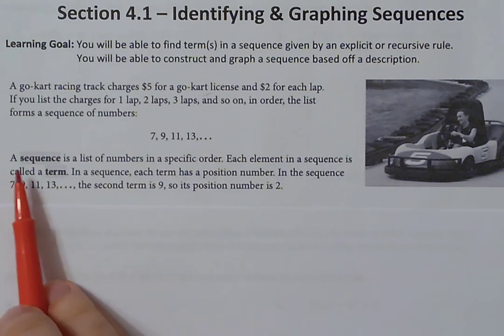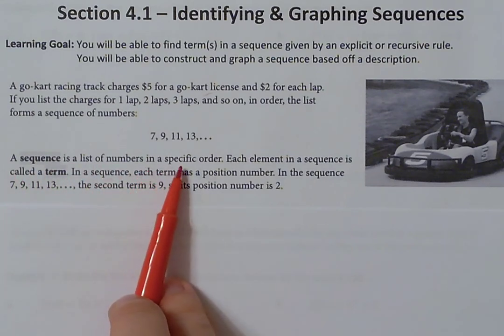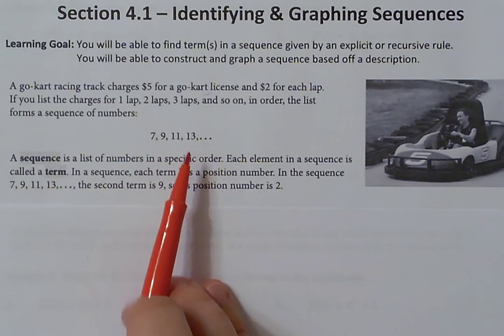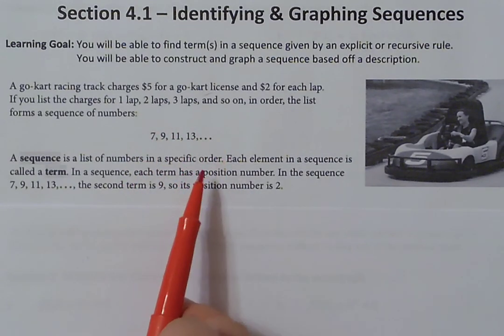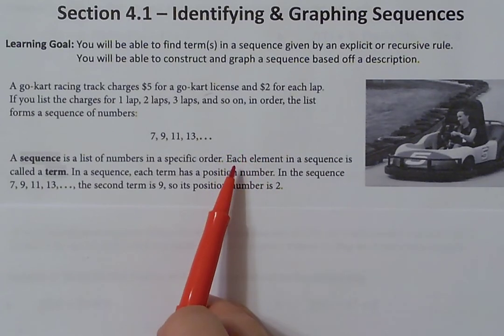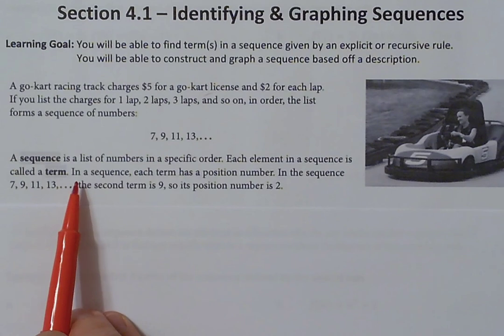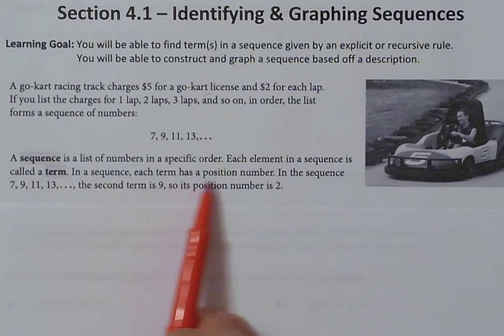Now, a sequence is a list of numbers in a specific order. So this right here is a sequence, just a list of numbers in a specific order. Each element in a sequence is called a term. In a sequence, each term has a position number.